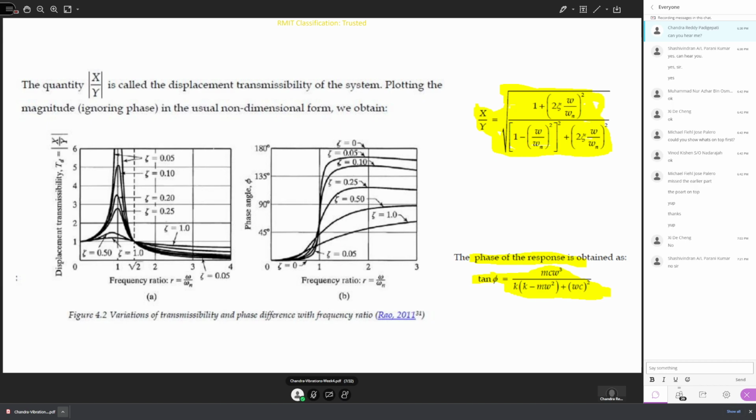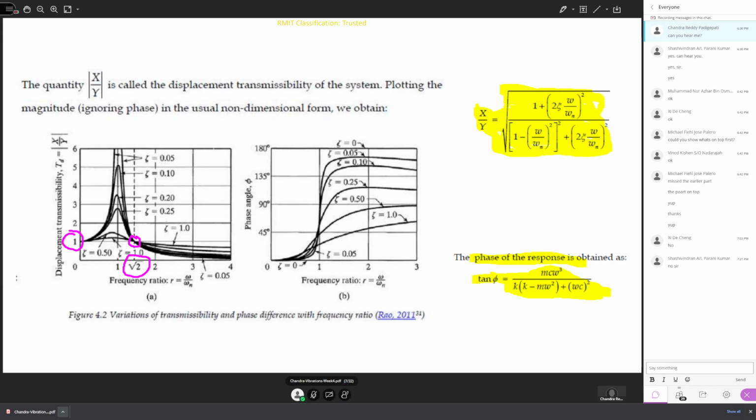Other than that, you can see what is happening when the frequency ratio is equal to square root of 2. So you can see this is the portion. When the frequency ratio is square root of 2, you can see that the displacement transmissibility is 1.